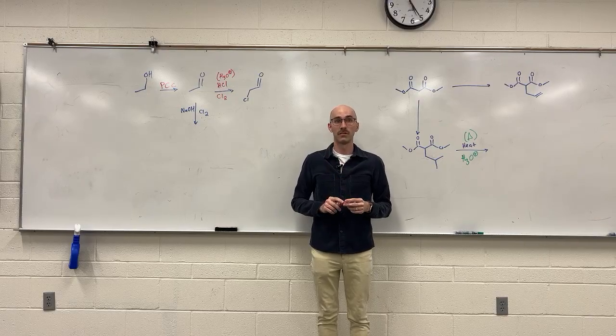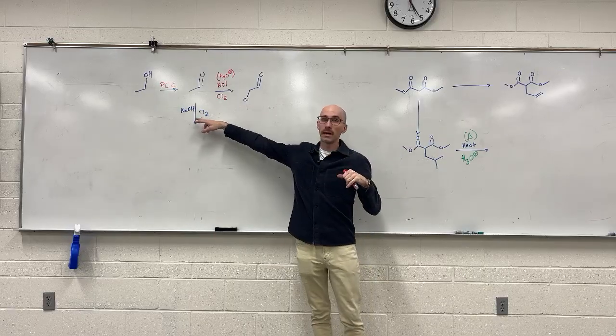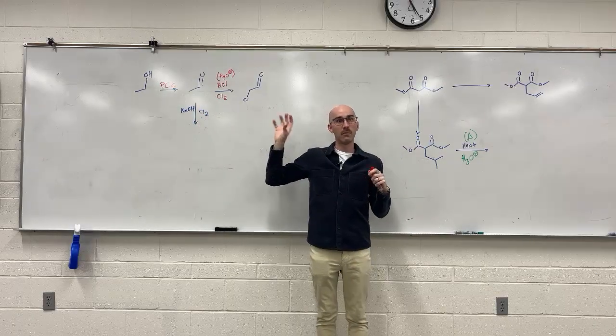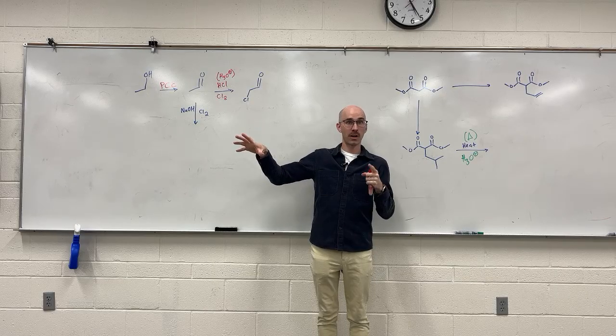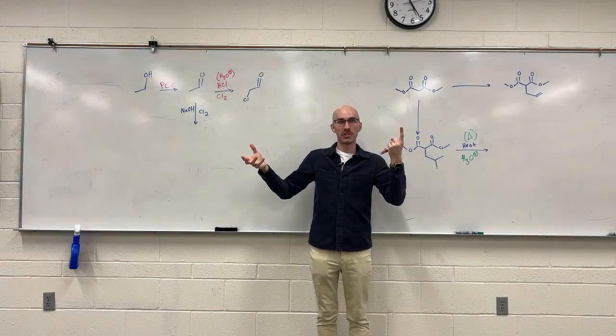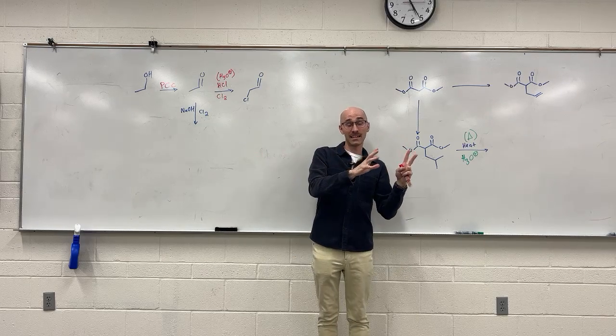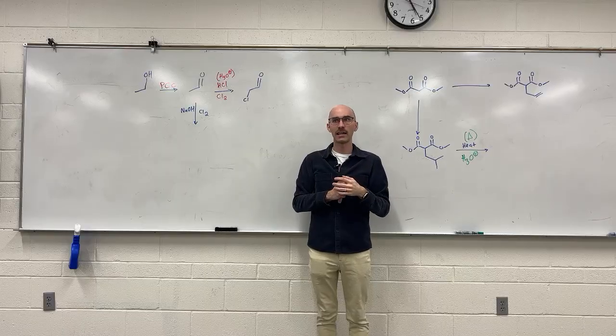Yes and no. If I have different degrees of substitution, a small base like this goes to the more substituted alpha carbon. If that's a tertiary alpha carbon, it can only monohalogenate because there's only one substitution it can do. If that's a secondary alpha position, it can only dihalogenate.